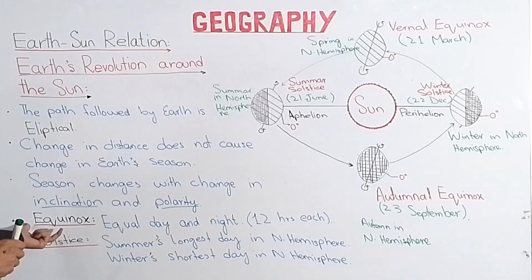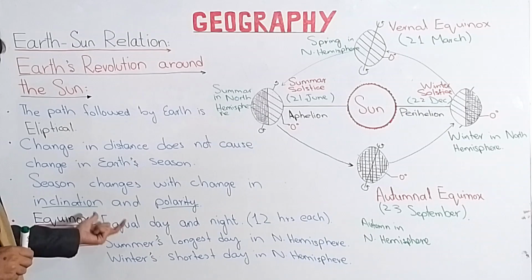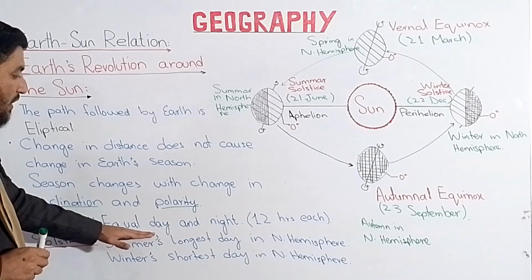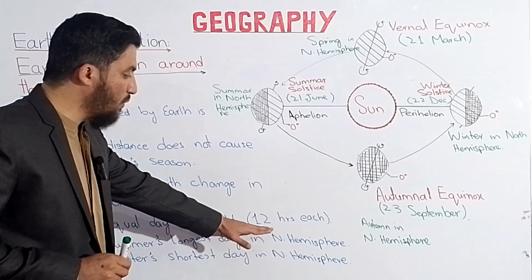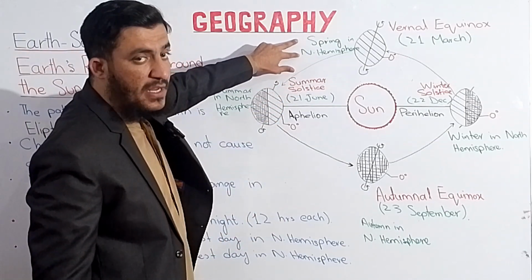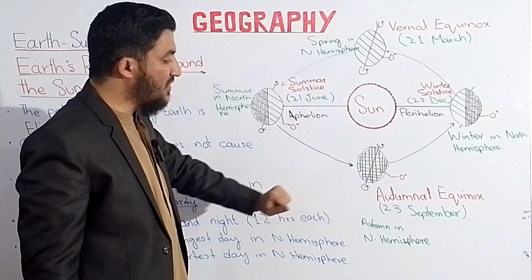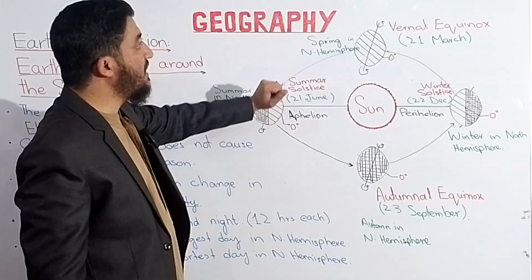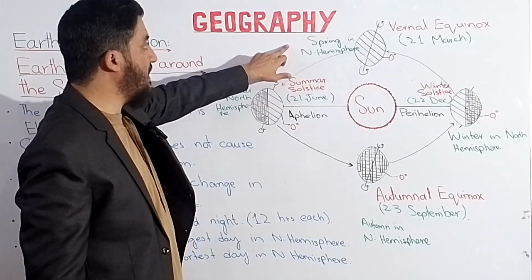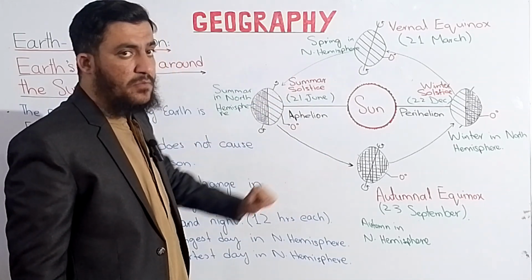Equinox क्या होते हैं? Equinox is a season that comes twice in the year where we witness equal day and night, which is of 12 hours. That comes in the spring in the north hemisphere as well as in the autumn in the north hemisphere. We call the spring one the vernal equinox, and the autumn one we call the autumnal equinox.